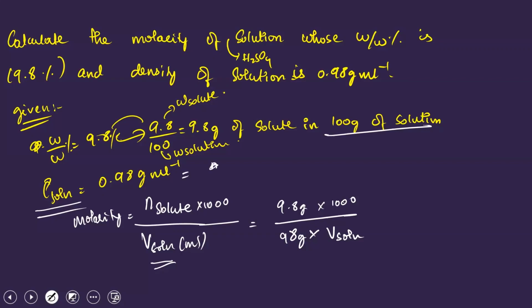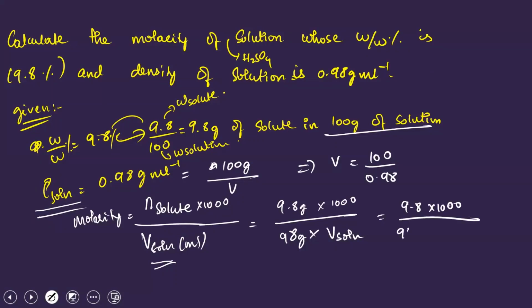Mass of solution is 100 grams divided by volume of solution. So V is equal to 100 by 0.98. So I'll substitute that as well. 9.8 into 1000 divided by 98 into 100. Numerator, what do you substitute? 0.98. Is it visible there?